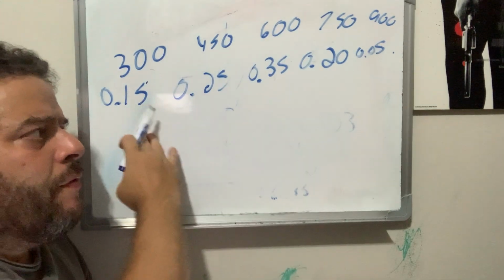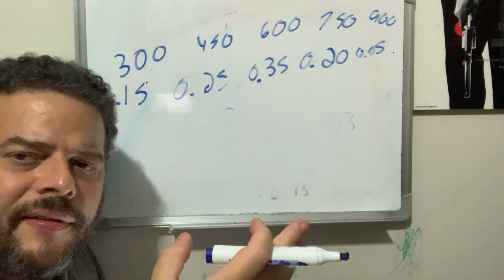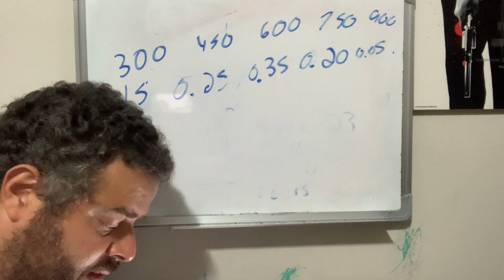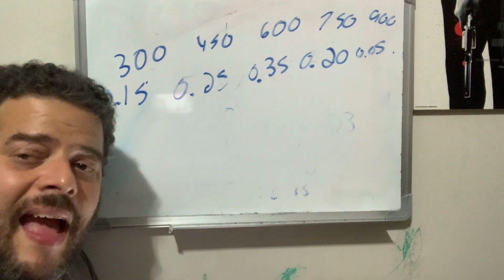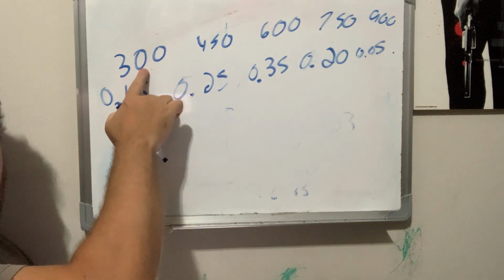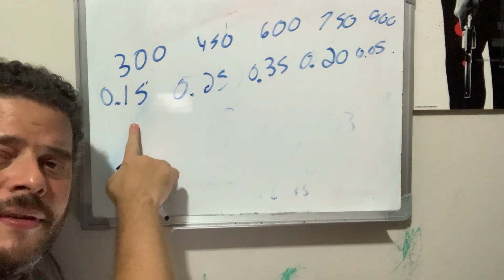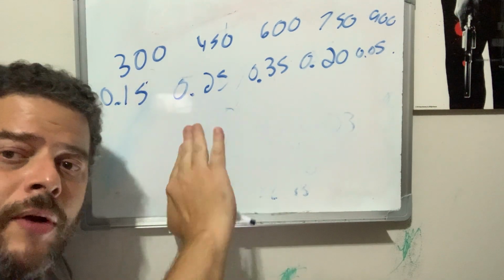Now, when they give you the probability, it's a slightly different process. All you have to do, and it's stated right there in the book, is add each amount times the chance it occurs, but you don't have to divide.